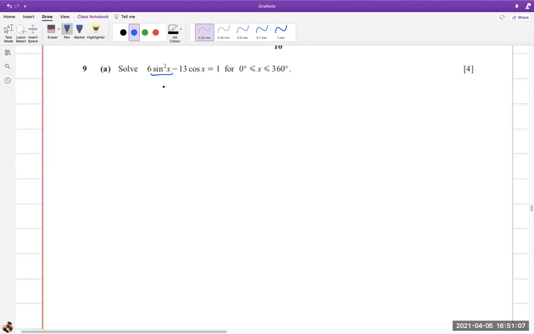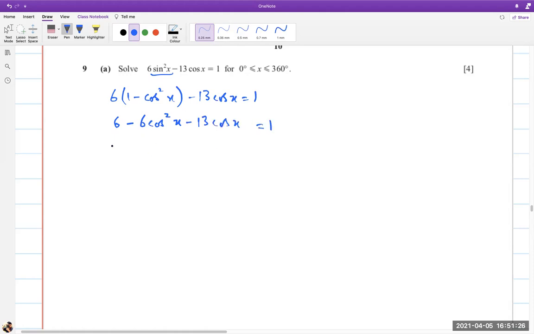We can convert it to a quadratic equation because we know that sine square x is nothing but 1 minus cos square x. So 1 minus cos square x minus 13 cos x equals 1, leaves me with 6 minus 6 cos square x minus 13 cos x equal to 1.